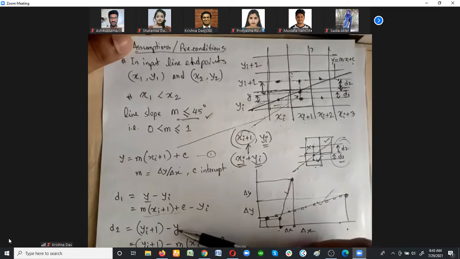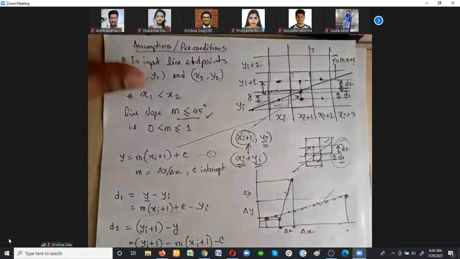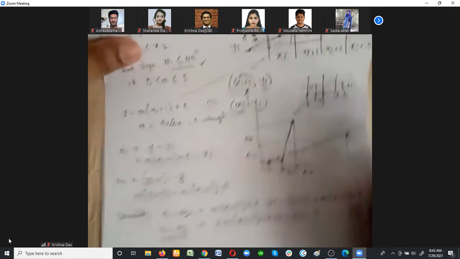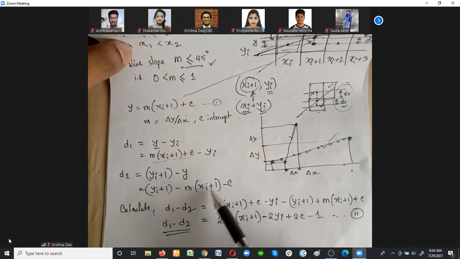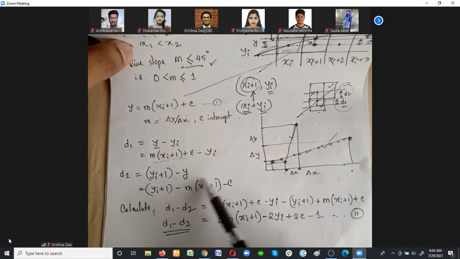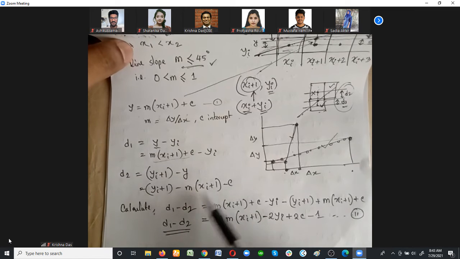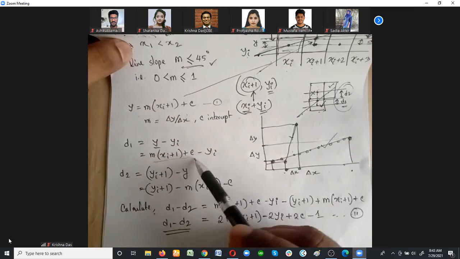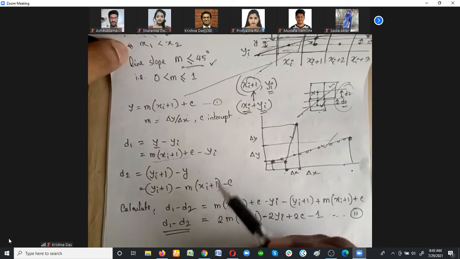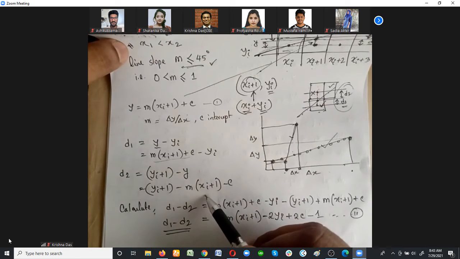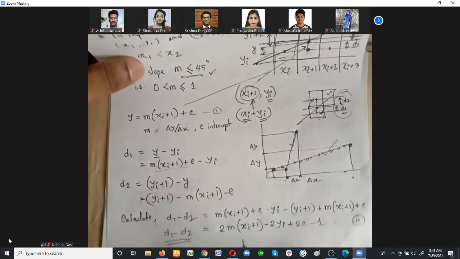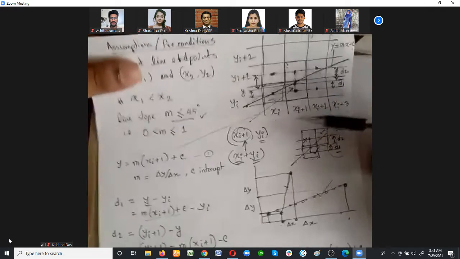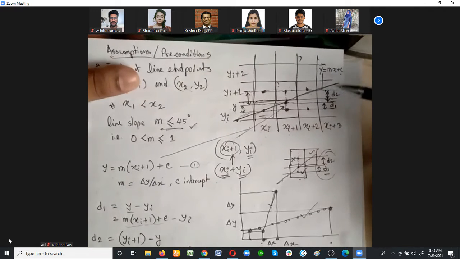Now these two equations, especially the second one for D2, we have simplified with the y equation that we have put in here, and D1 as well. Then we make a relationship between them, in the sense of which one could be bigger and which one could be smaller.